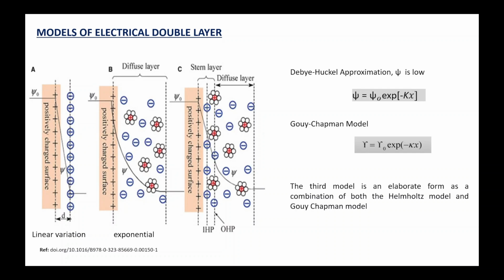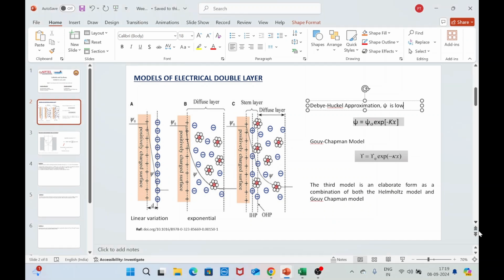So this also tells you the relationship between gamma and x, or how the value of gamma is going to vary with x, or more appropriately, how your potential is going to vary with the distance from the surface of your interest, provided that the potential that you are considering is very high.